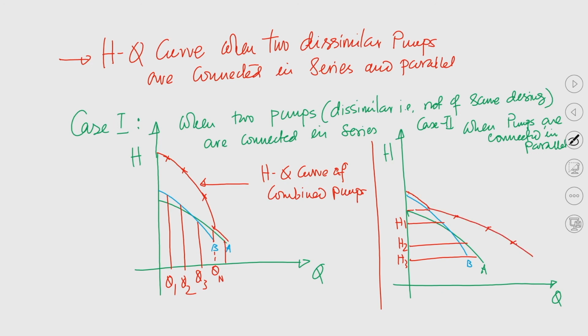So, again I am telling this part. Before this point, this is the head of pump A. Up to this point, I am giving this cross mark, up to this point the H-Q curve of combined pumps will follow the similar trend of the curve which is the characteristic of pump B. After that, we just need to add the flow rate for a given head and then we will be getting this curve.